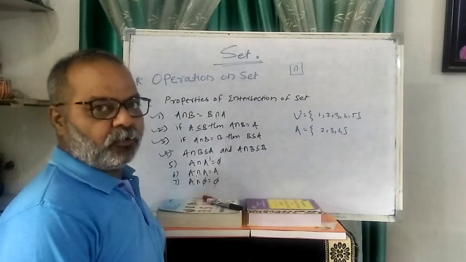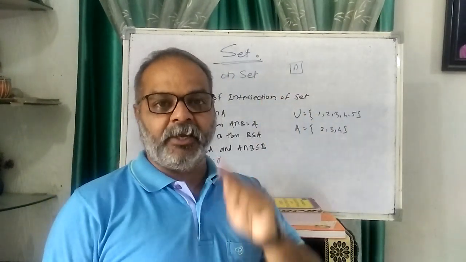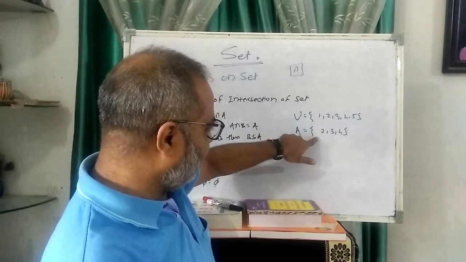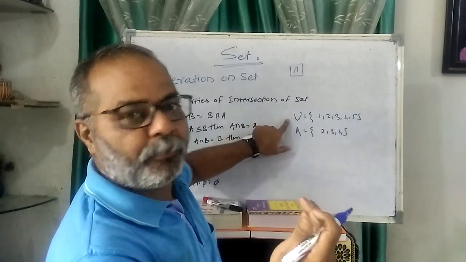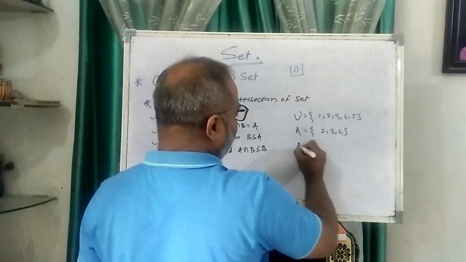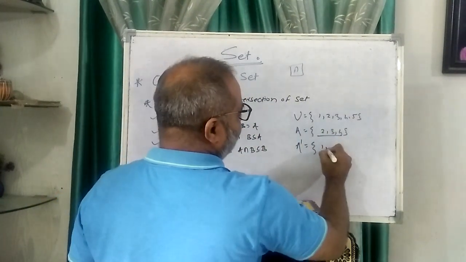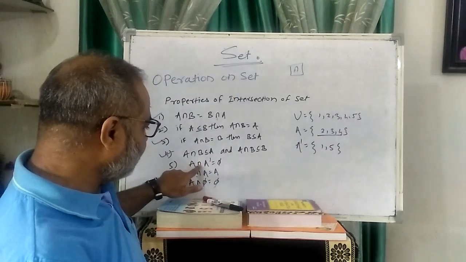In our previous video, we learned about the complement of a set. What is a complement? Complement means we delete the elements of the given set from the universe, and what remains is called the complement. So I find the complement A dash: delete 2, 3, 4 from U, so the complement is 1 and 5. Now I find A intersection A dash.